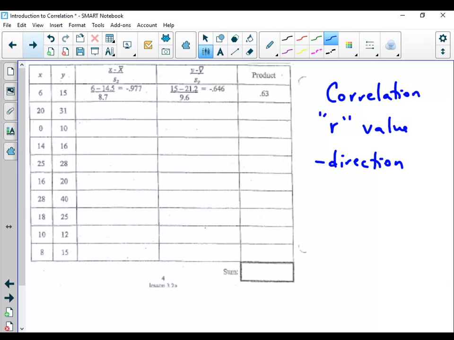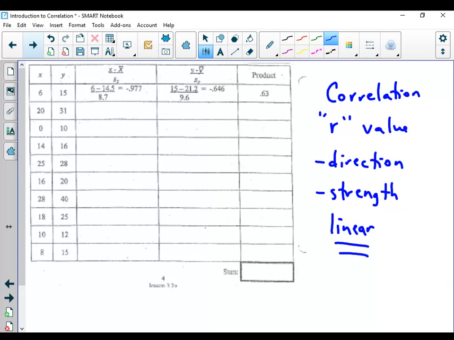Most of the time we can see if it's positive or negative. But it does tell me the direction. But more importantly, it's going to tell me the strength. One key part to this is correlation has to be a linear situation. I can't find the correlation unless it's linear. Now, I mentioned the other day, most of what we're going to do is going to be linear. So most of what we're going to do, we'll be able to find a correlation.